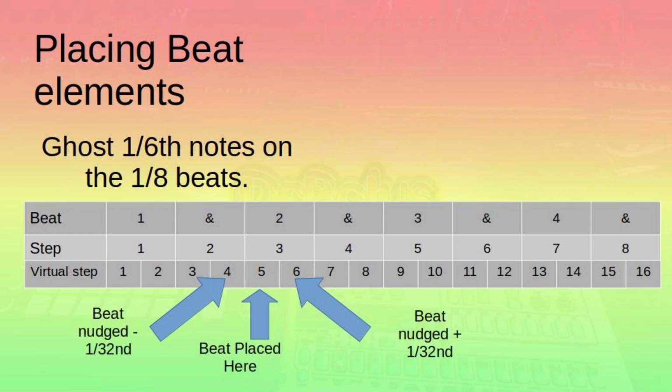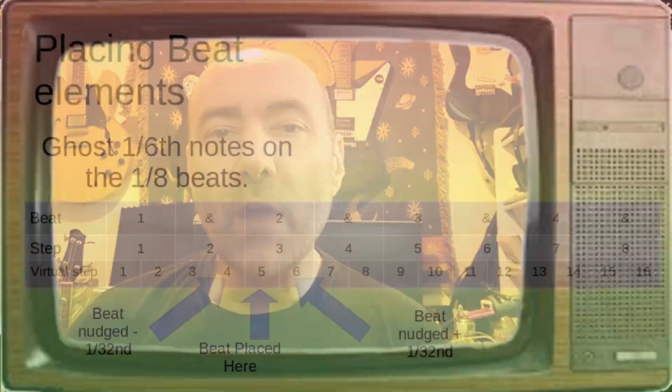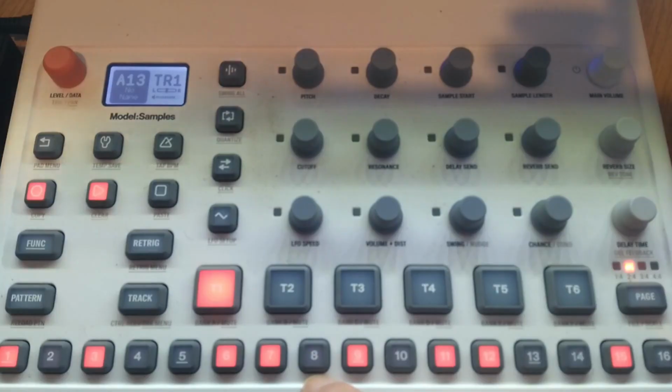Then you go to the swing or nudge control and gradually move it either forward or backwards until you reach 1/32.